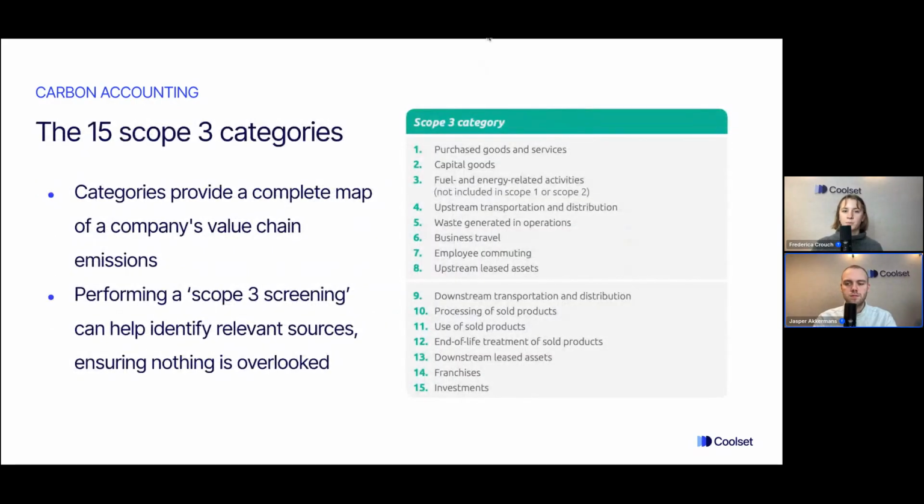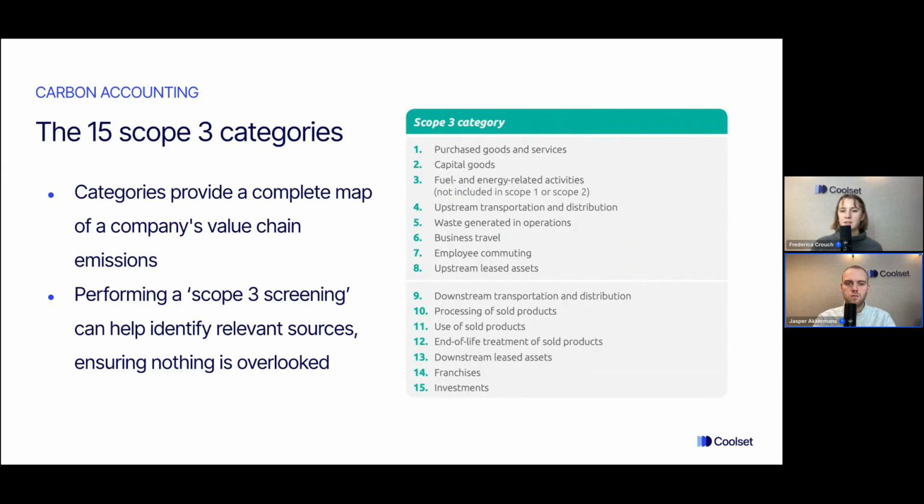And the Greenhouse Gas Protocol provides 15 scope 3 categories, allowing a company to map exactly where within scope 3 these emissions are coming from. And performing a scope 3 screening can really help here, ensuring that nothing is overlooked. So on the right, we can see categories 1 to 8 are the upstream scope 3 emissions, which includes purchased goods, waste generated in operations, and business travel.